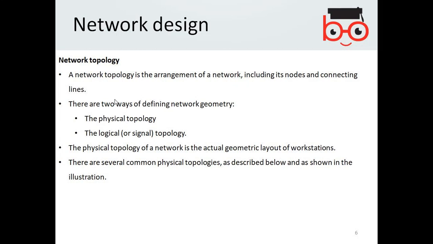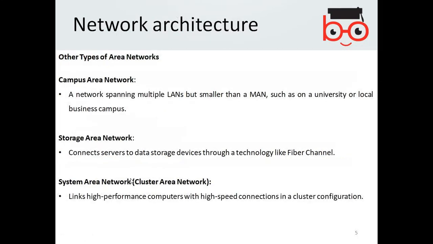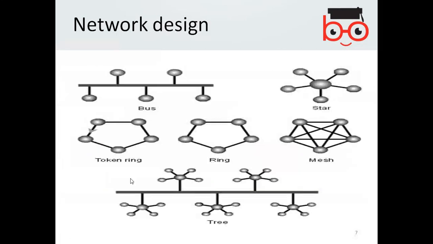There are two ways of defining the network geometry, as we discussed earlier: the physical topology or the logical topology. It doesn't mean that whatever physical look is given to you, the logical cannot be different. So you need to propose the type of network and the topology as well.